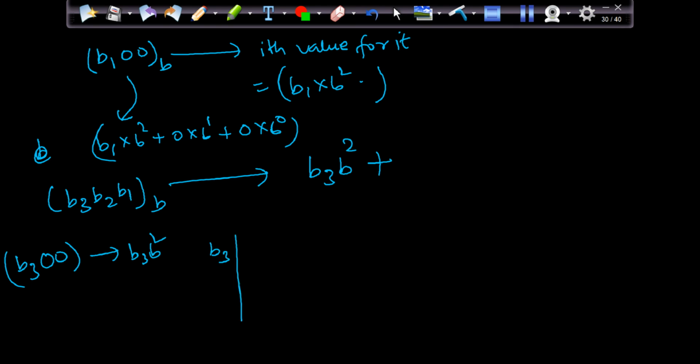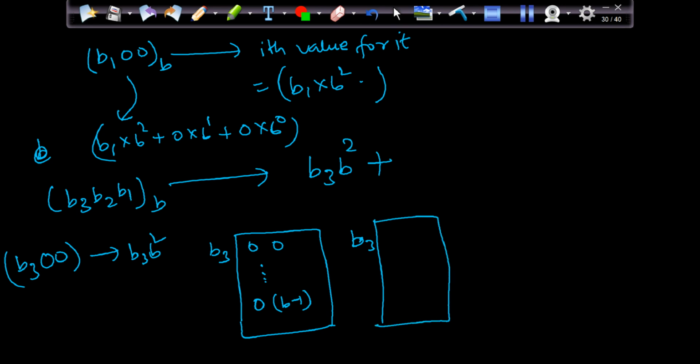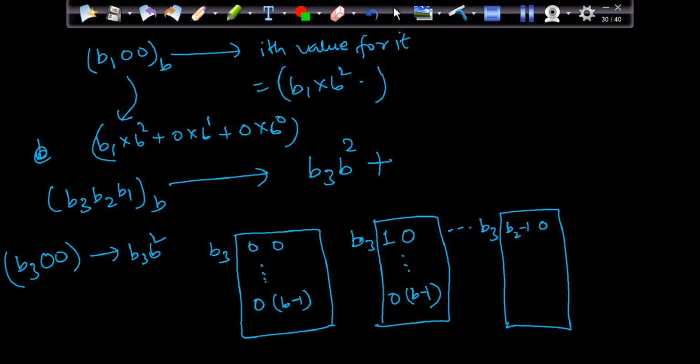Then b3 0 0 to 0 b minus 1, then b3 1 0 to 0 b minus 1, and so on.